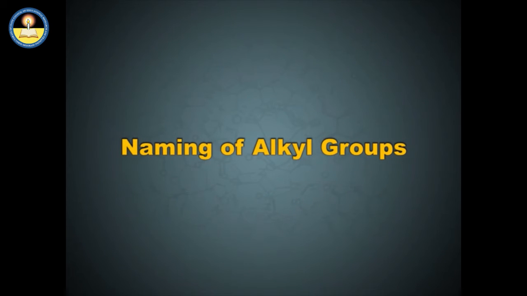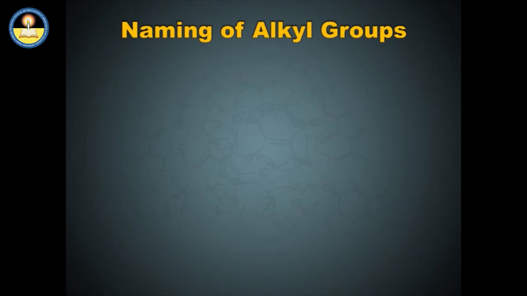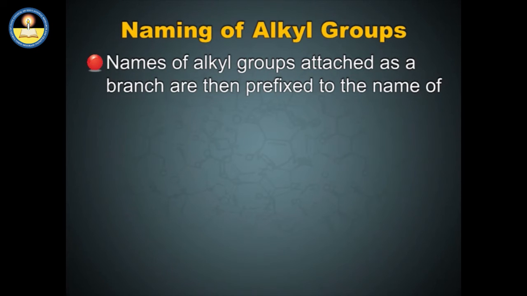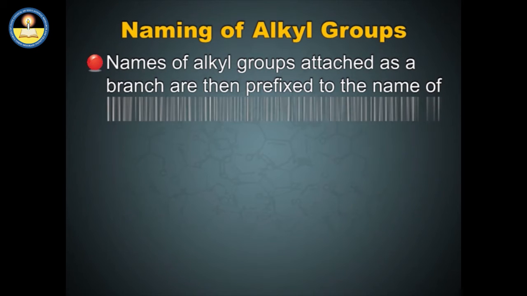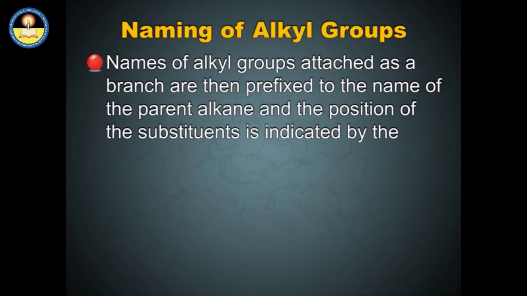Naming of alkyl groups. Names of alkyl groups attached as a branch are then prefixed to the name of the parent alkane, and the position of the substituents is indicated by the appropriate numbers.